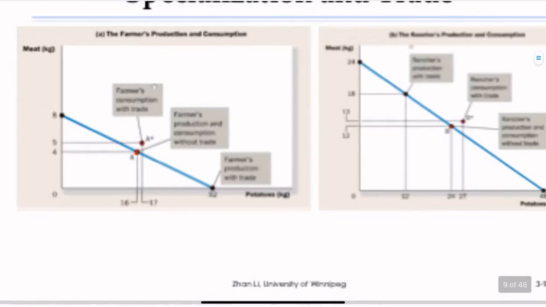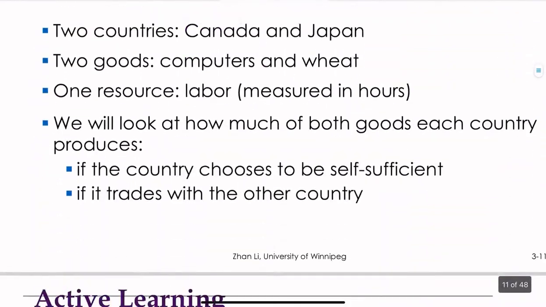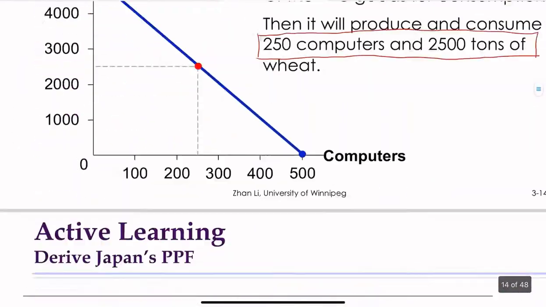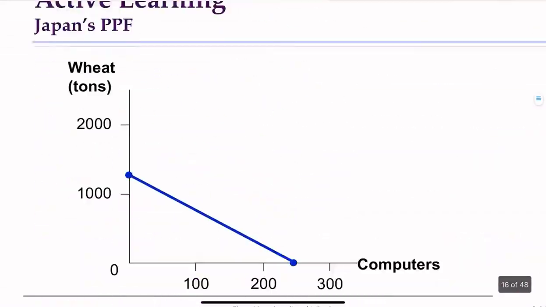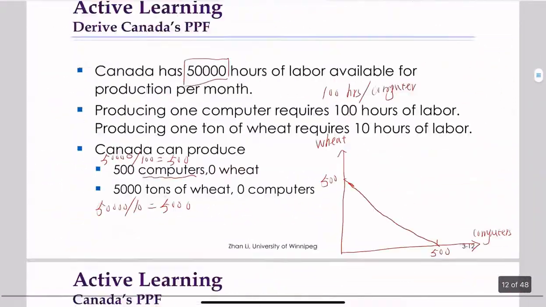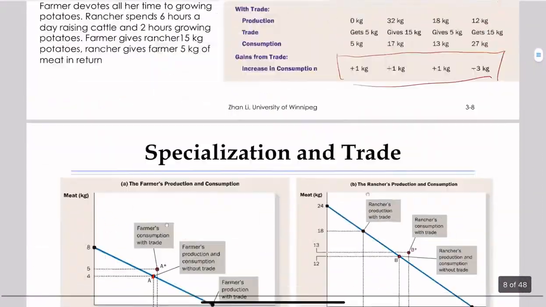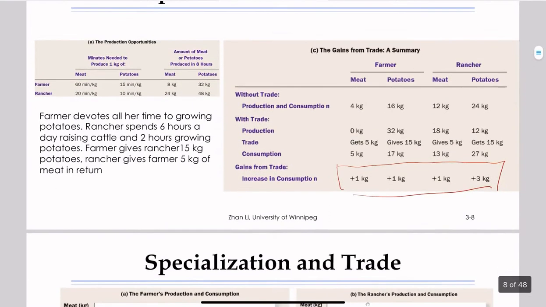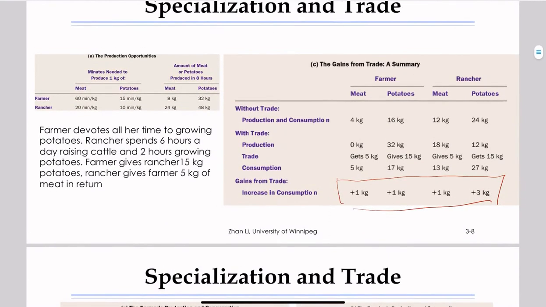You can see this from the rancher and farmer example. I think we have a table, so let me look for the table. So you can see that previously, without trade, the productions were like this. And after specialization and trade, we could see an increase in consumption.